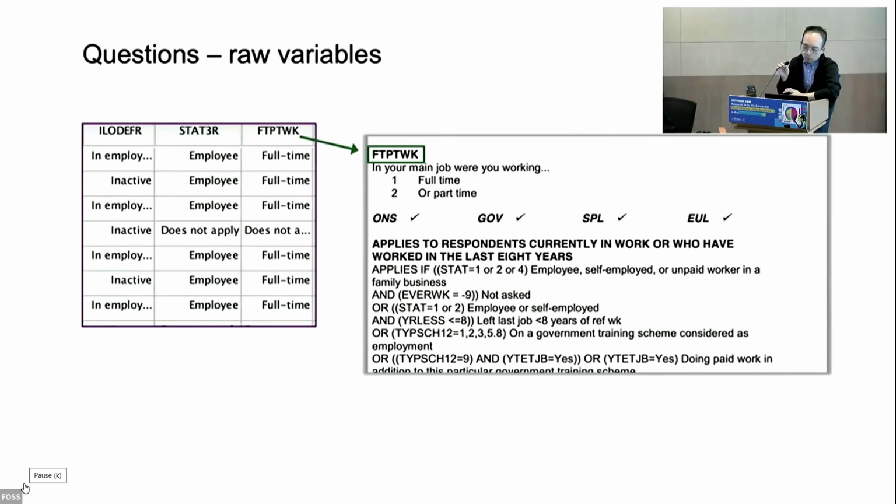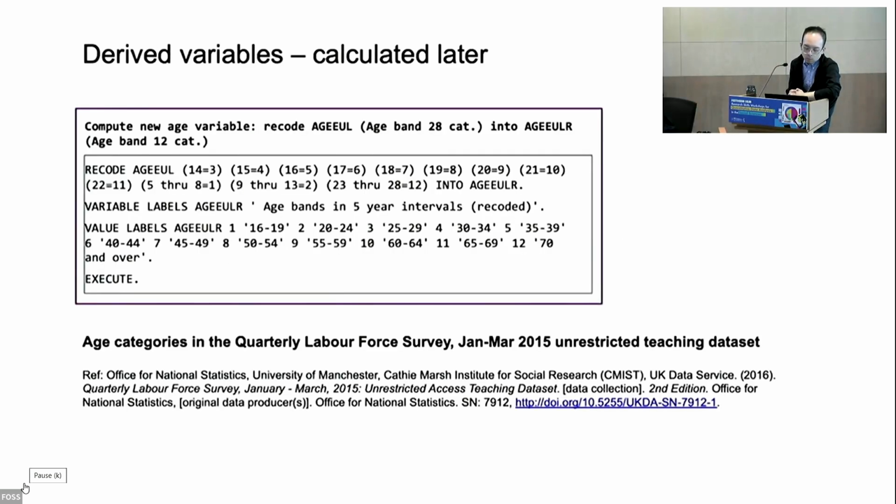It shows the response options, what the variable measures, and who the question applies to and was asked to. Other variables may instead be the result of some sort of calculation or processing after data collection was completed. These are known as derived variables, and documentation held in archives with the data should be able to help you to interpret the meaning of these variables, probably through allowing you to understand how they were derived.